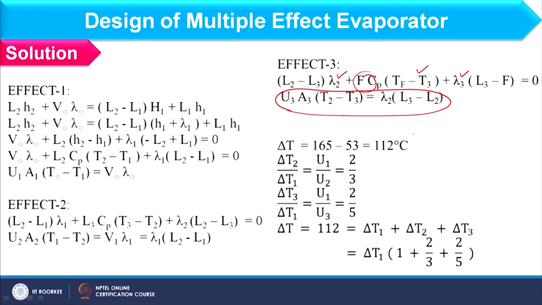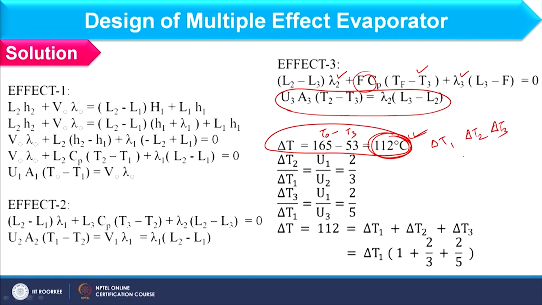To find out temperature difference of each effect, we should consider total driving force which is available in the system, and that should be T naught minus T3, right. So, 165 minus 53 we can consider as 112, and this 112 degree Celsius is distributed as delta T1, delta T2 and delta T3, right.